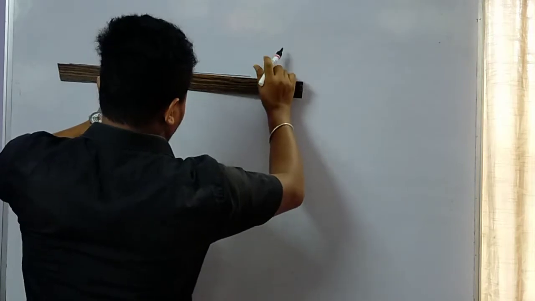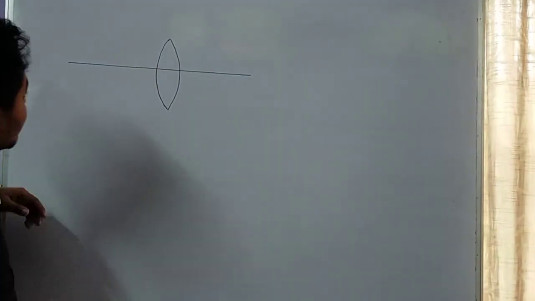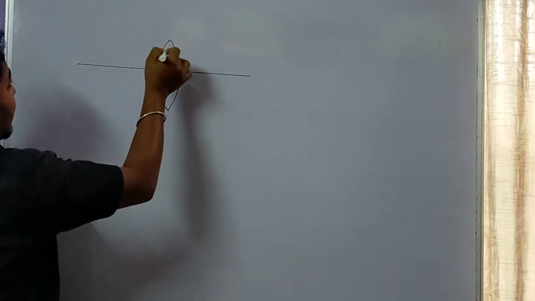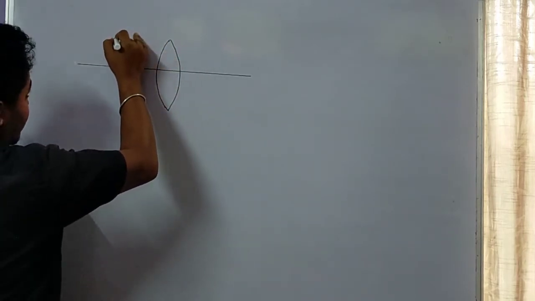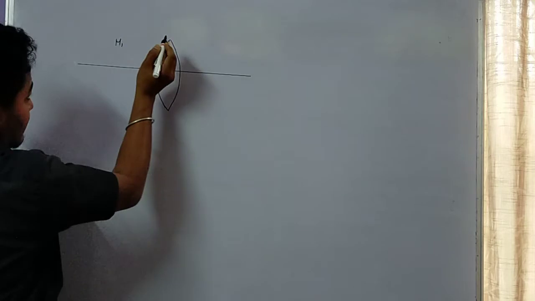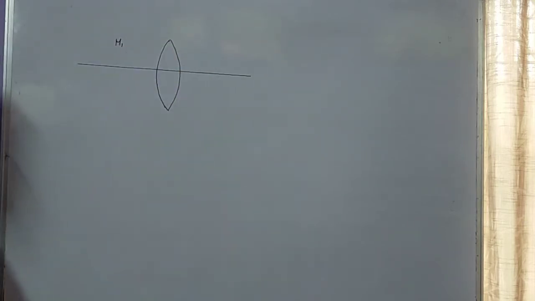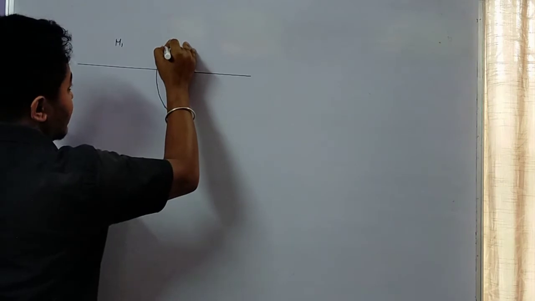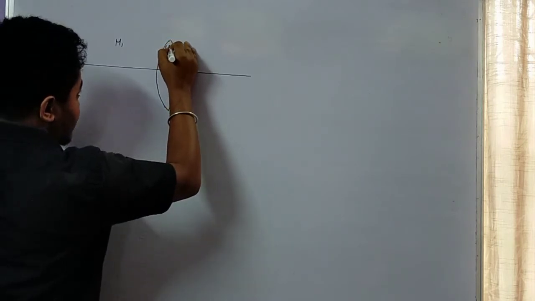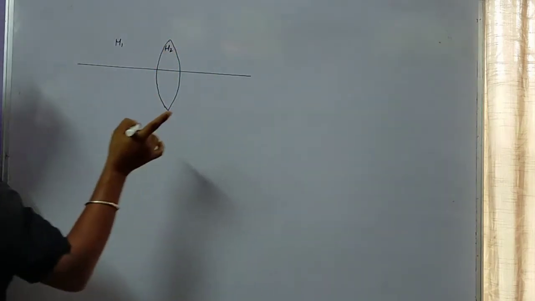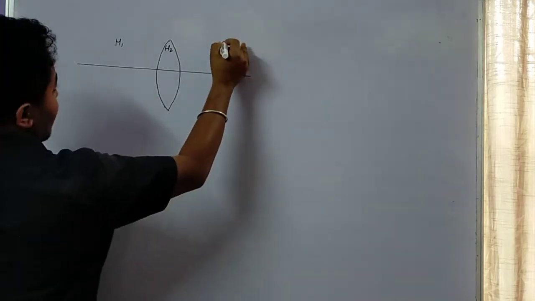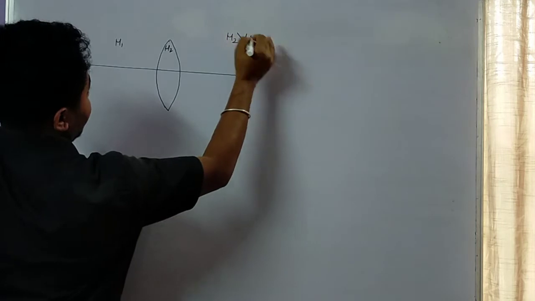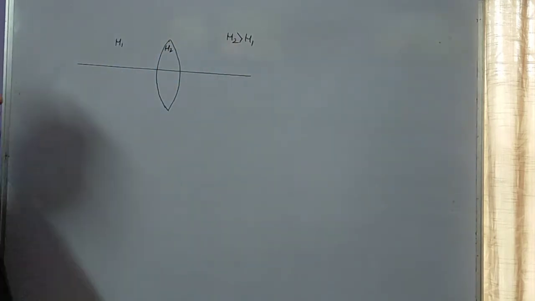You are very familiar with this type of diagram. We have drawn it so many times. Suppose the refractive index of the medium outside this lens is mu1, and inside the lens is mu2, with the condition that mu2 will definitely be greater than mu1.